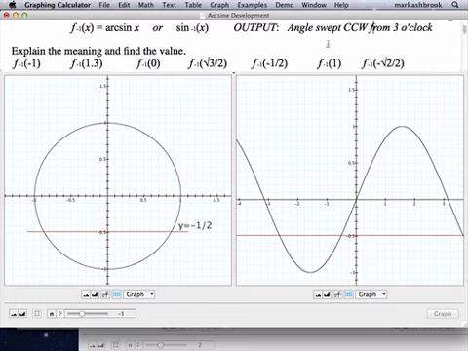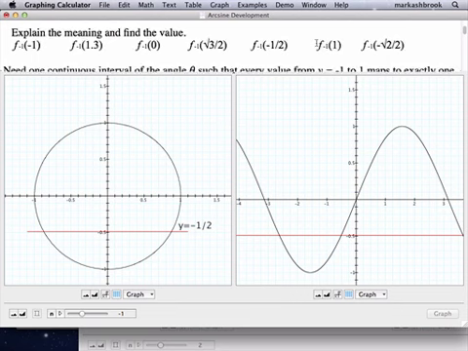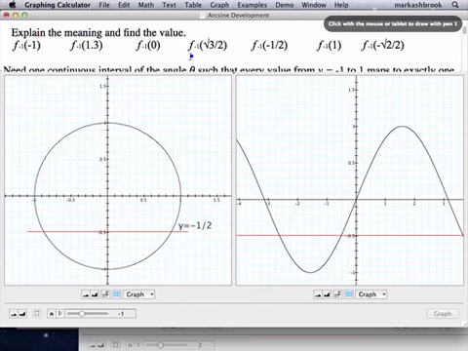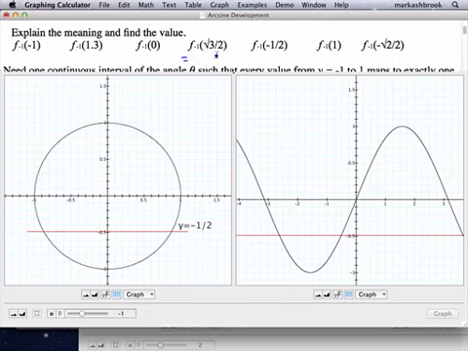Now look at this example here. F inverse of radical 3 over 2. This is the arcsine, or the inverse sine, of radical 3 over 2. What kind of number is radical 3 over 2?